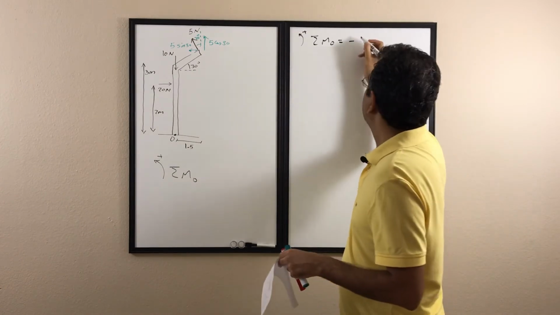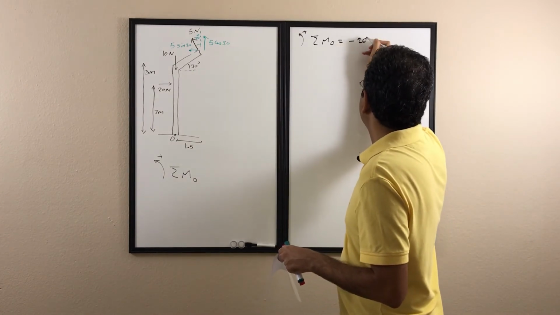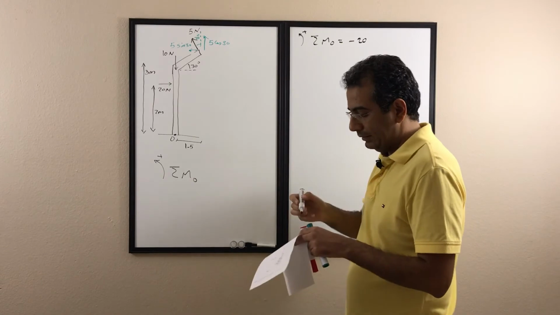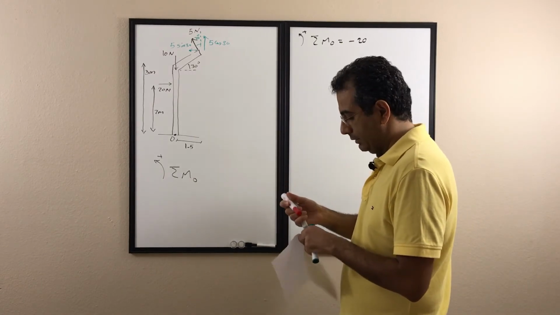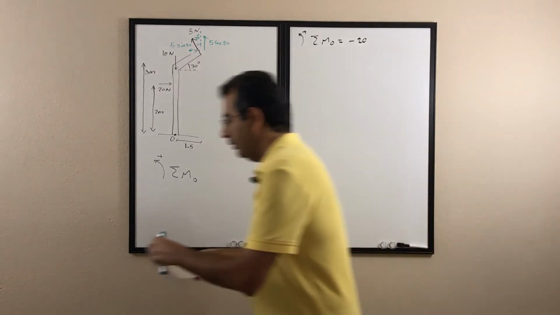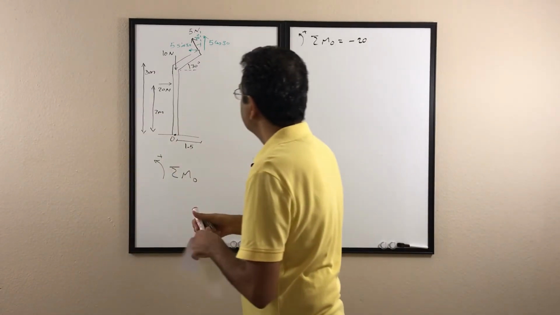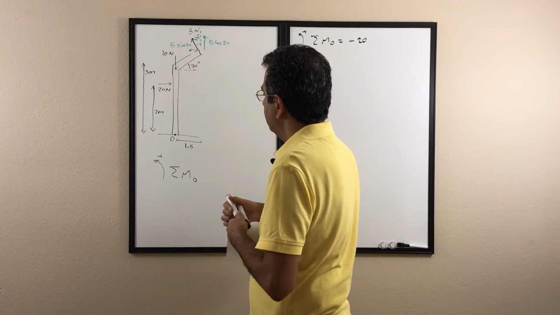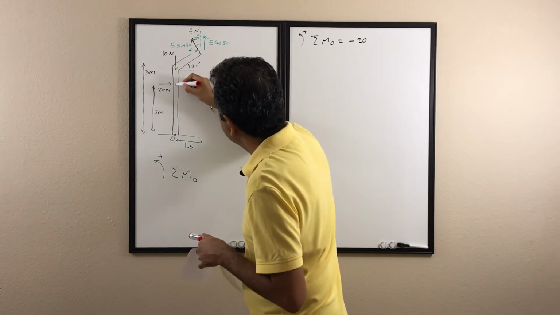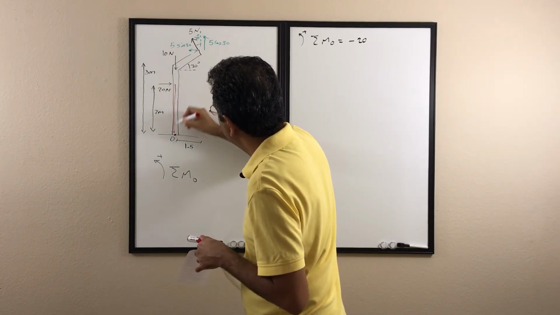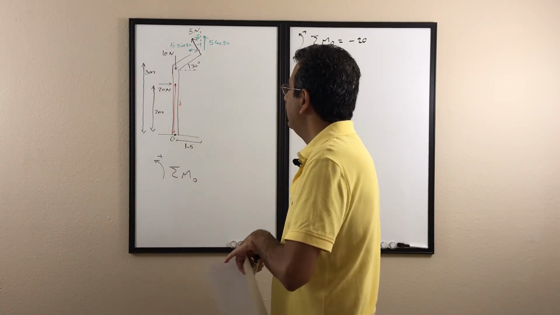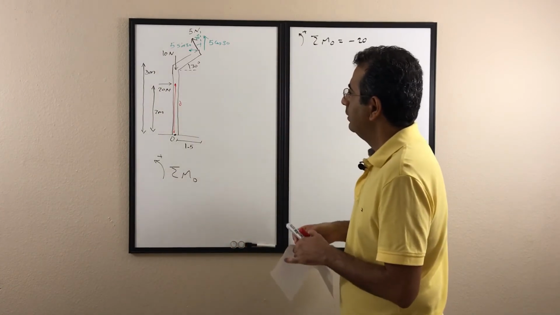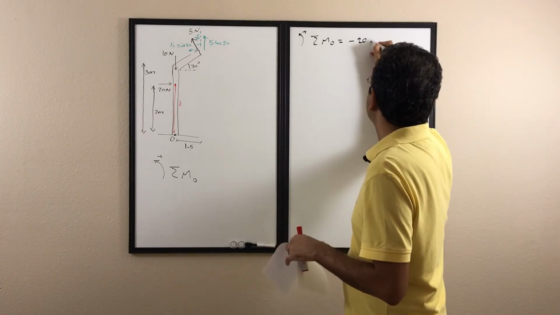So the negative, the F is 20, and the normal distance in this case, if we look at the normal distance, we can find it like this, so it goes like this. It's 2 meters, so it's times 2.